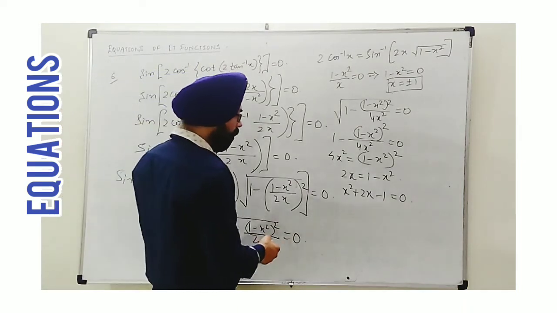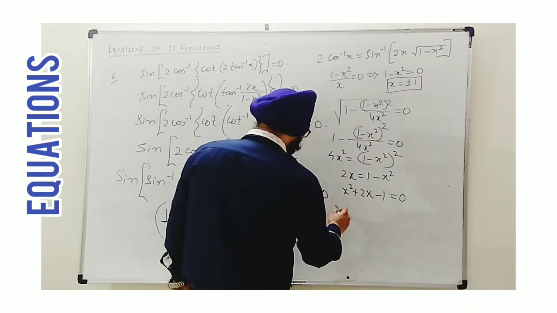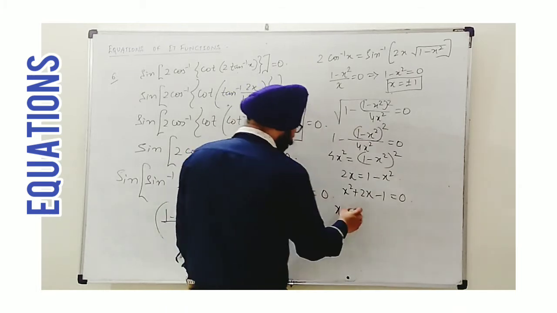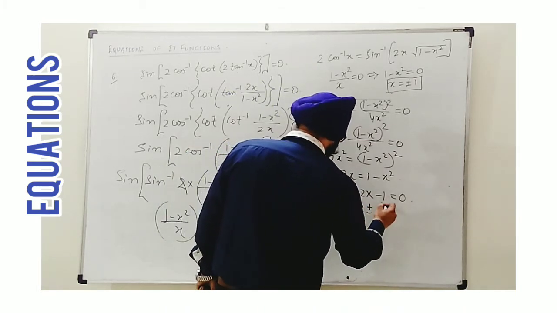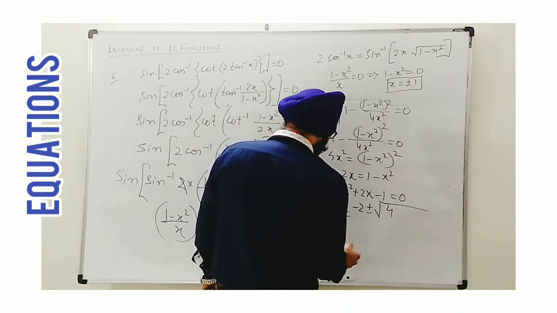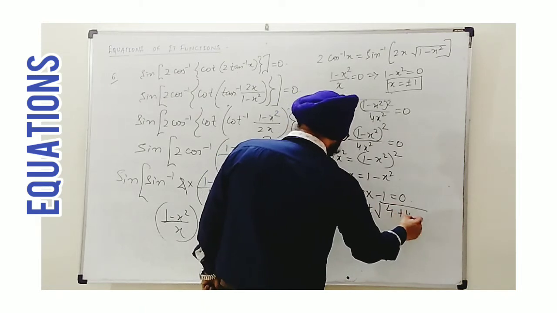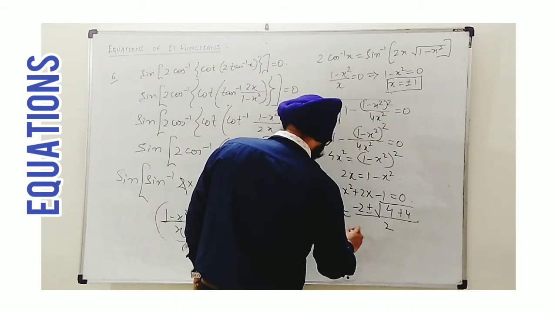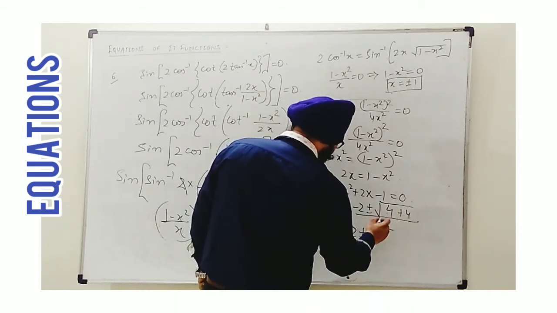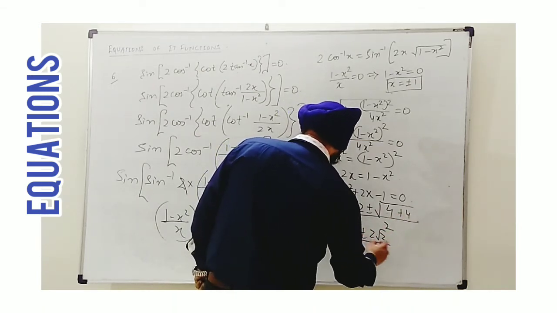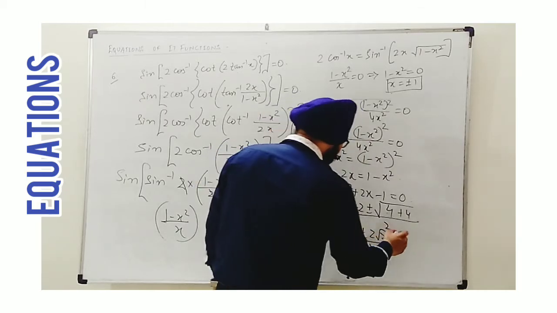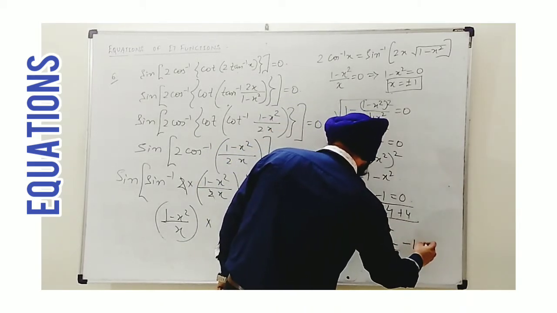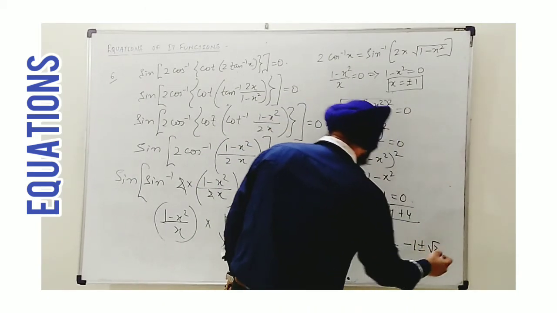Now this will be solved using the quadratic formula. Splitting I don't think is applicable conveniently. We have 2 squared, 4 plus 4 here, and in the denominator 2, and finally we have (−2 ± √8)/2. So this will be 2√2 upon 2, which further can be written as −1 ± √2.